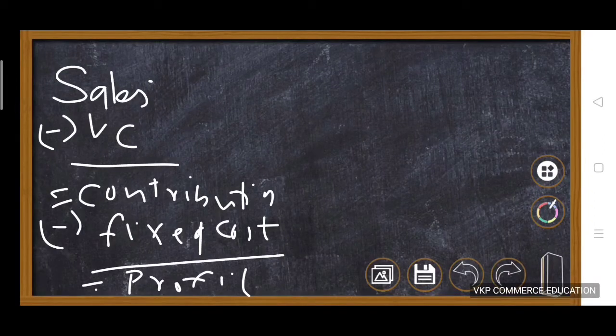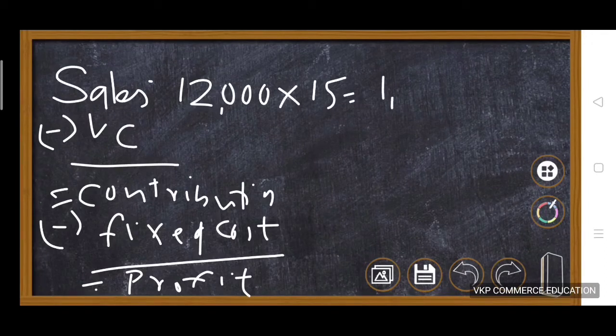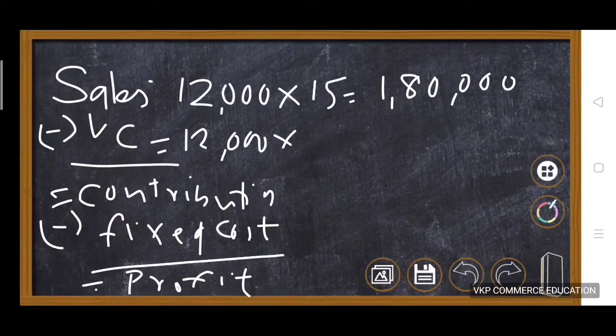From this marginal cost statement, put all the figures from the last question. We got 12,000 units into 15 per unit, which is rupees 1,80,000. Variable cost for 12,000 units at 10 per unit is 1,20,000.